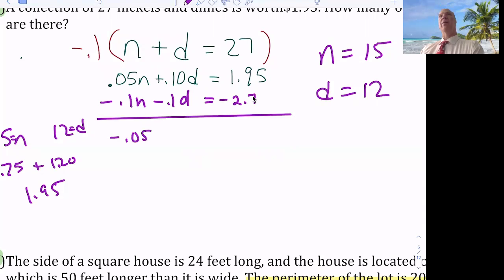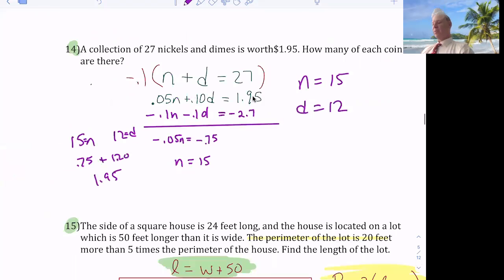Do you agree with that? Yep. Is equal to negative 0.75. Is that correct? Yep. And that equals 15. And so nickels equal 15. Oh, I misrepresented. All right, so there you have it.